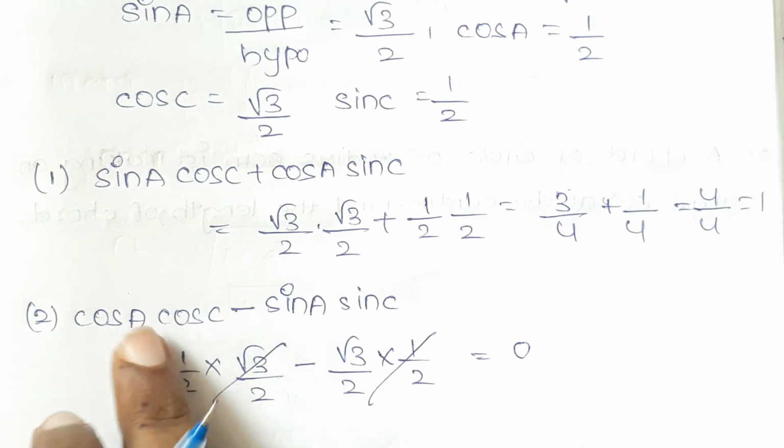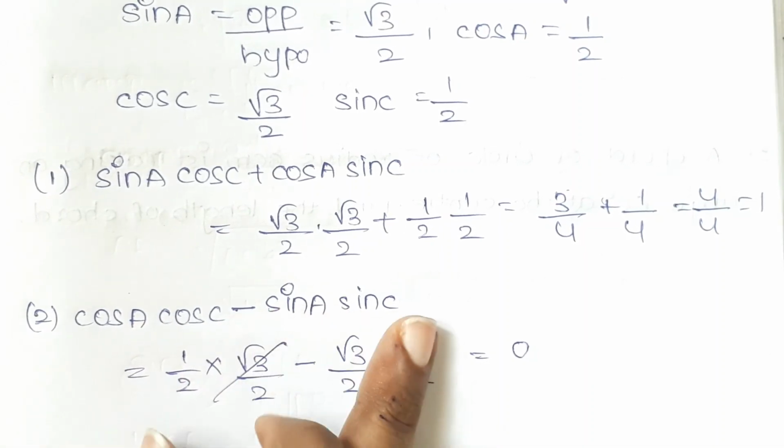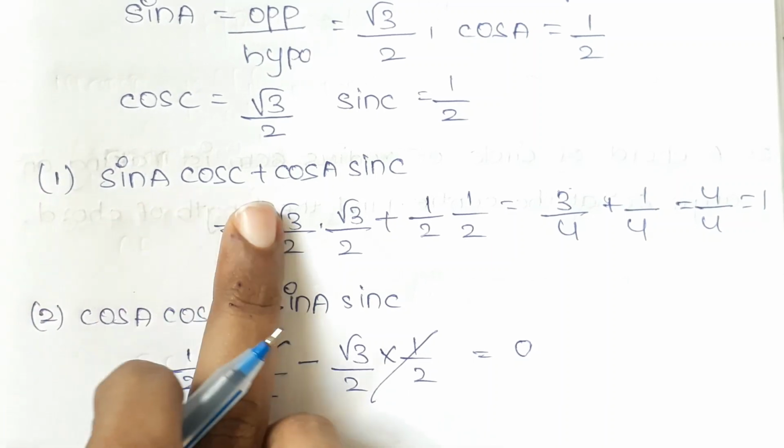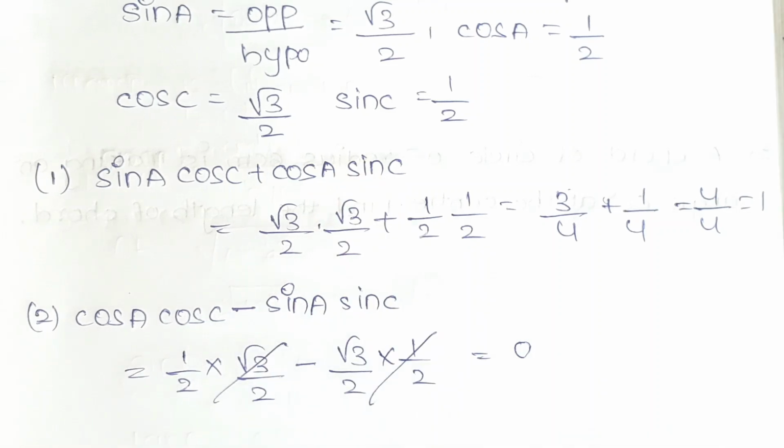So cos A cos C minus sin A sin C value is 0, and the value of sin A cos C plus cos A sin C is 1. And this is about the last problem, and with this exercise 1 is completed.